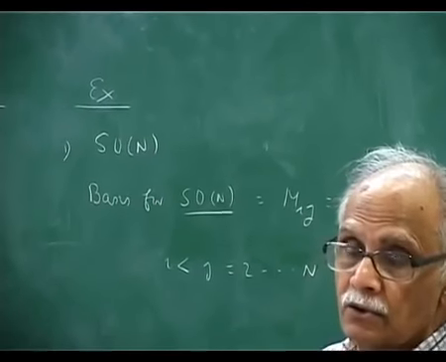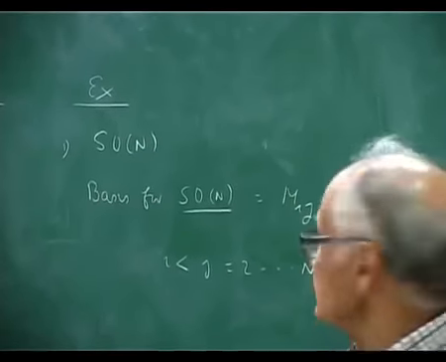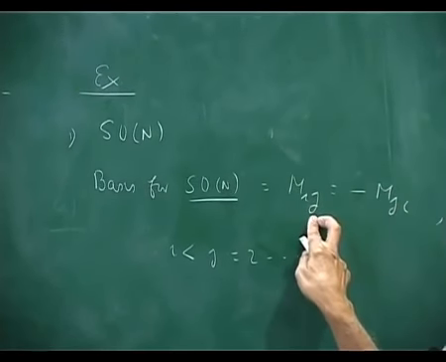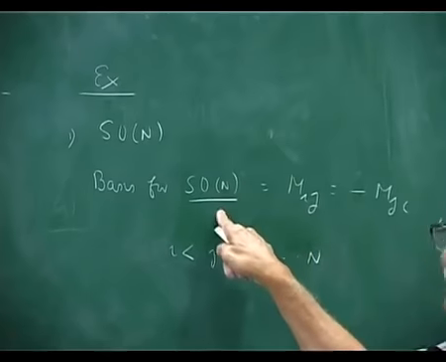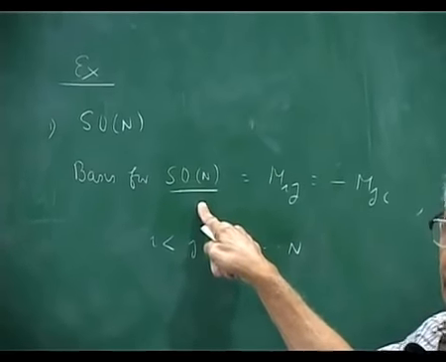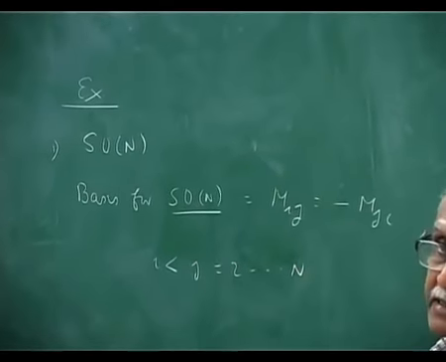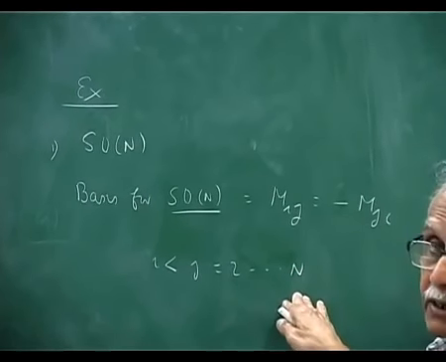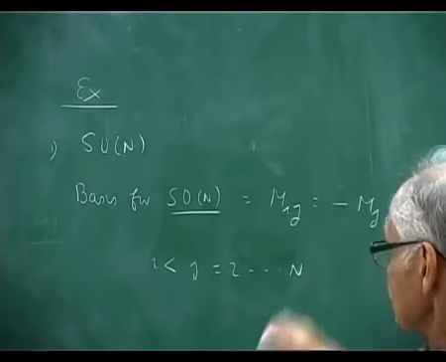So it is N choose 2, n times n minus 1 over 2, which is the dimension of SO(N). Take any distinct pairs; this is antisymmetric.